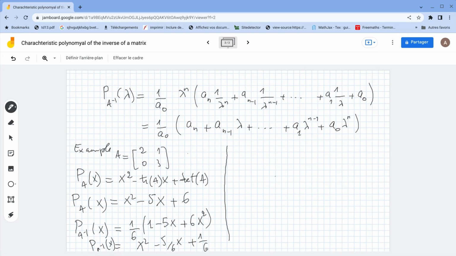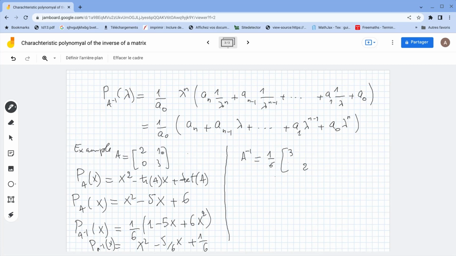Another method: I calculate the inverse of A. A inverse is 1 by the determinant of A, and the determinant of A is 6. Of 2 and 3, I write 3 here and 2 here.